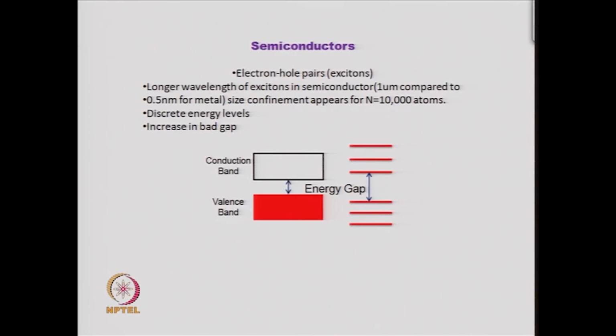Now, in this semiconductor you have an electron in the conduction band and a hole in the valence band. Together these two particles are called an electron hole pair, and it is also called an exciton. So, what is an exciton?